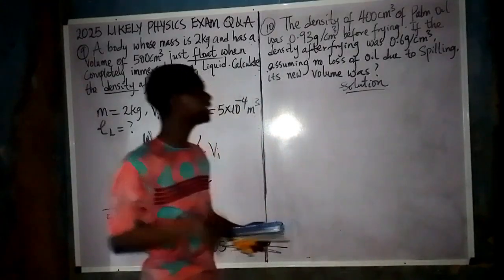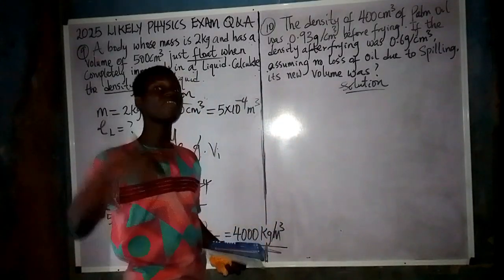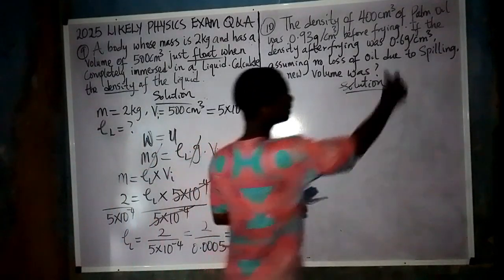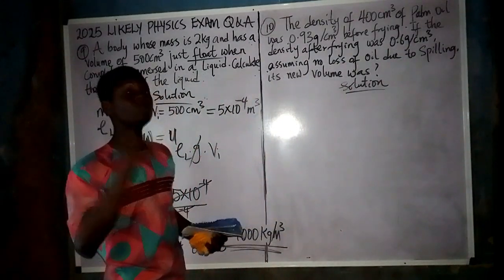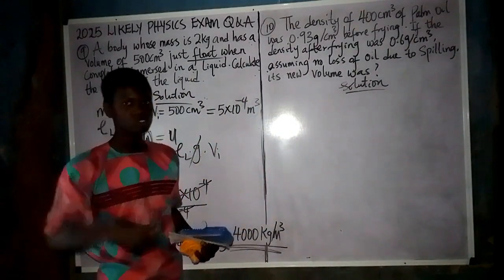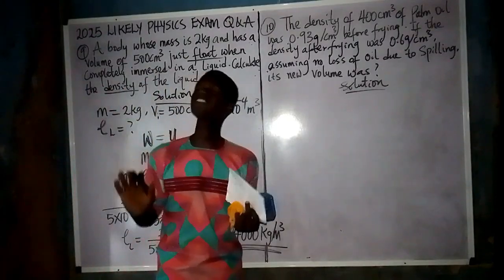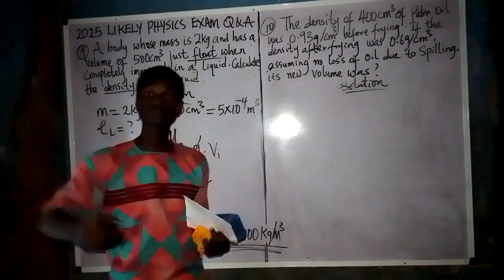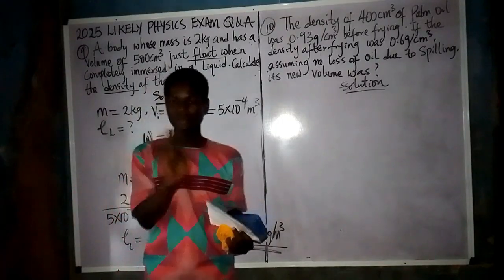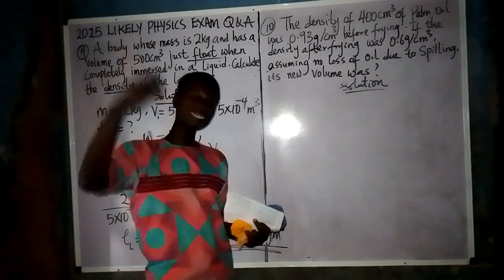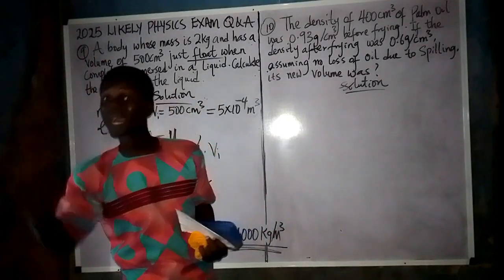Then the density after frying was not this. Assuming no loss of oil due to spilling, because normally in real life when you are frying, some oil is bound to spill out, is it not? Now assuming that error does not occur, the mass of oil before and after are the same, is it not?